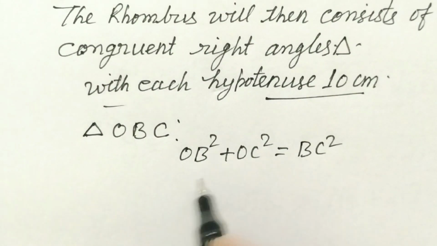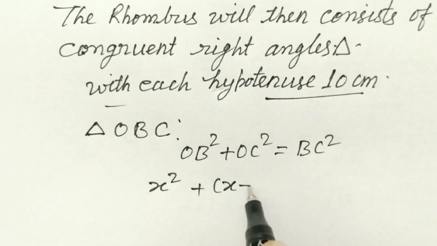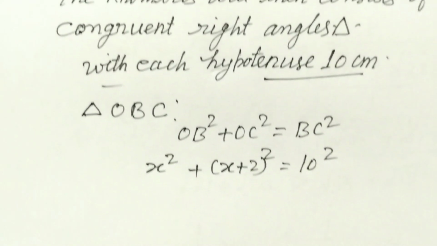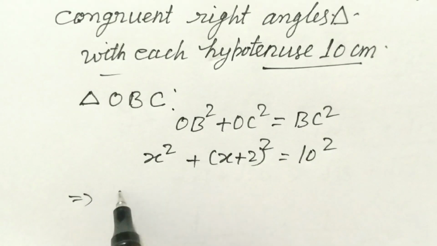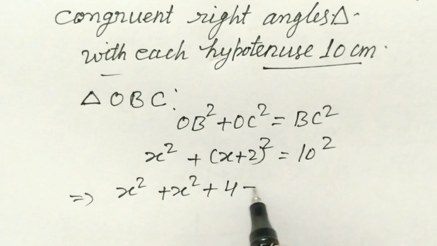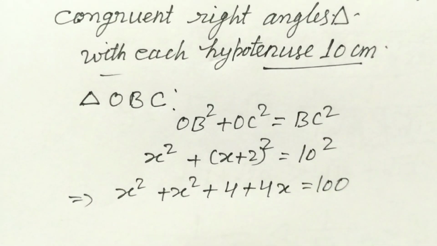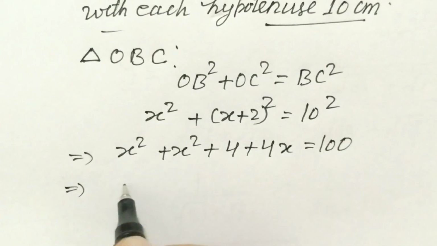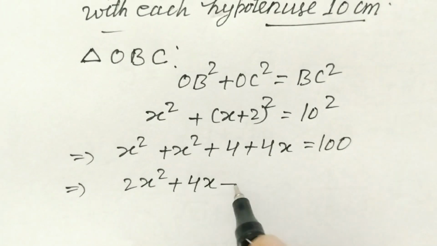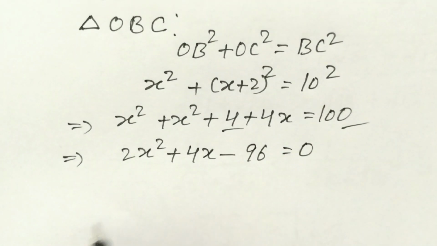So x square plus (x plus 2) square is equal to 10 square. So x square plus 4 plus 4x plus x square is equal to 100. So 2x square plus 4x minus 96 is equal to 0.